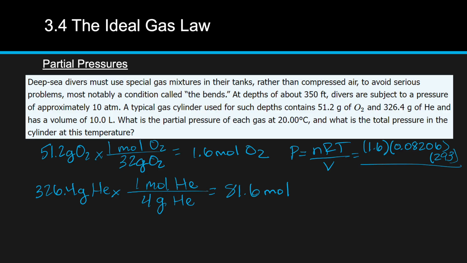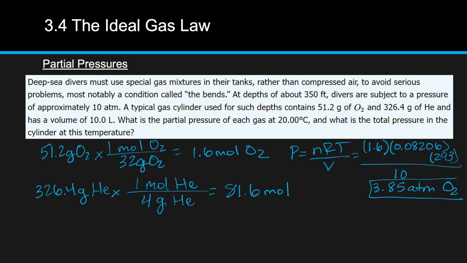And then we're going to divide those 3 by the volume, which is 10 liters. So 1.6 times 0.08206 times 293 divided by 10 is going to give us 3.85 atmospheres of pressure for O2.